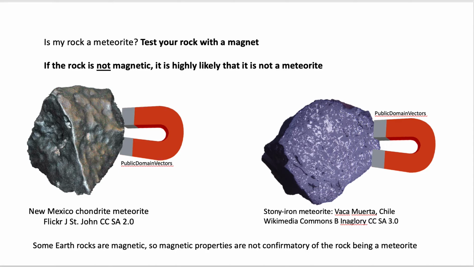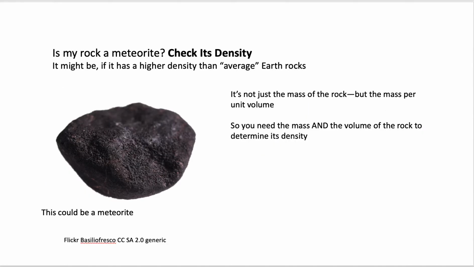But some Earth rocks are magnetic, and very few, the achondrite stony meteorites, aren't going to be magnetic, but they're a very small proportion of any meteorite that you would find.